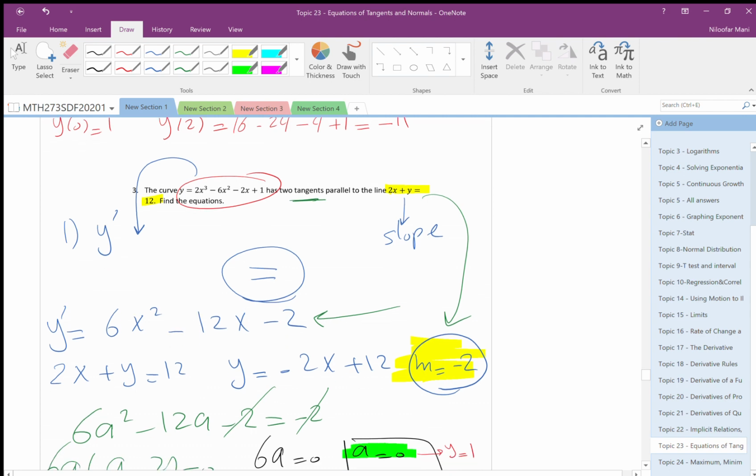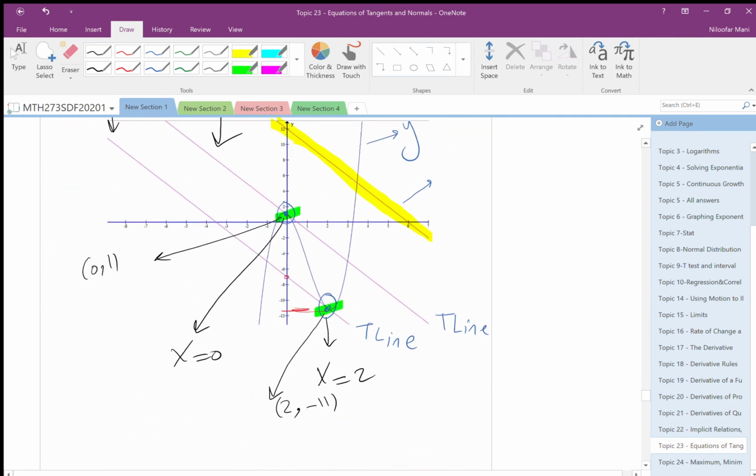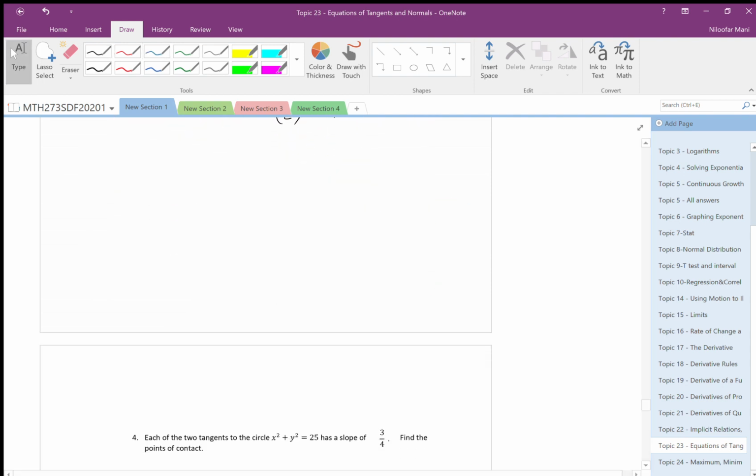Yes, 2 and minus 11. Okay, so I have these 2 points. So now I found those points. I have the slope. How do I have the slope? I know it's the same as the other one, so I don't need to find it. And I just sub in to find the y-intercept, and I can write the equation. Okay, so the equations of the 2 lines are just found.